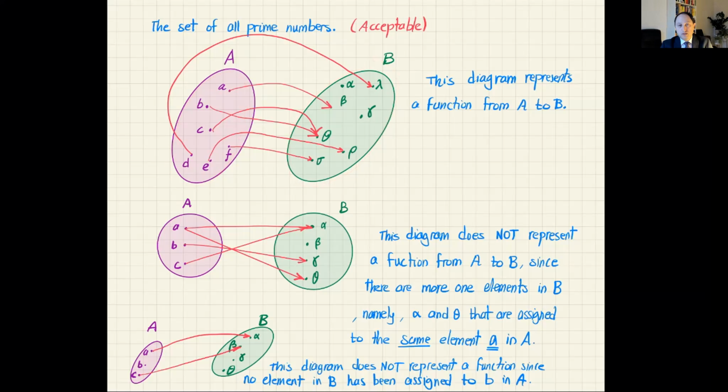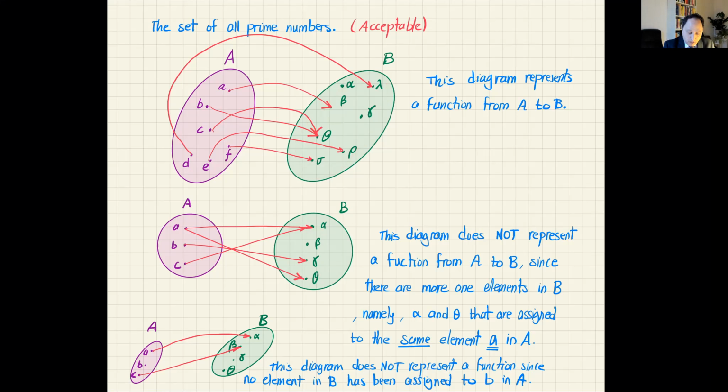So if you want to understand function very abstractly, function is just the correspondence between two sets with two properties. First of all, every element of the first set should be associated with at least one element in the set B. And no more than one element.